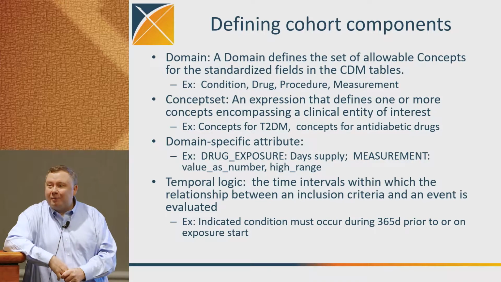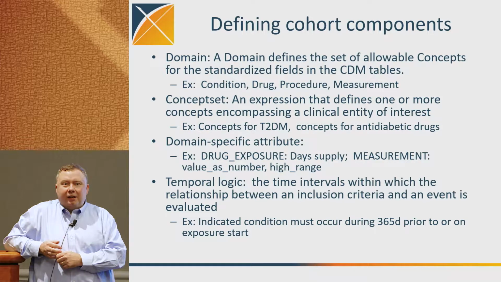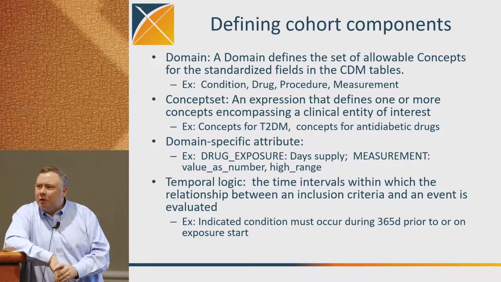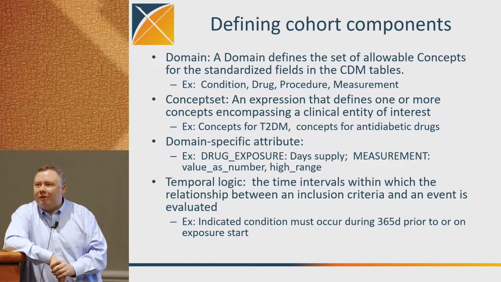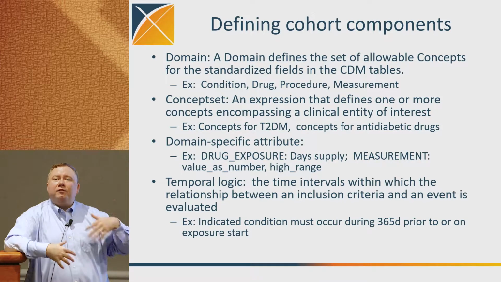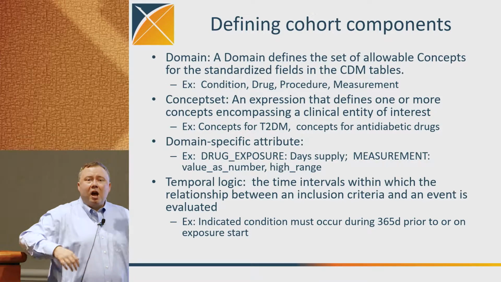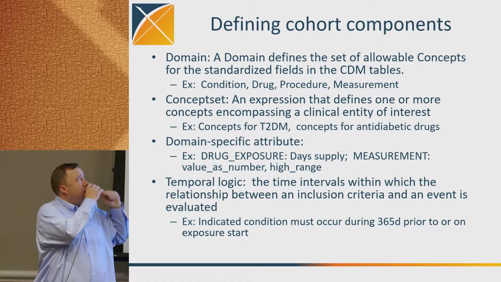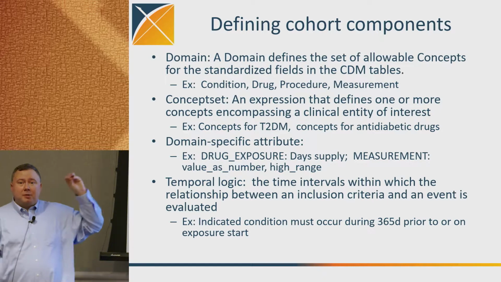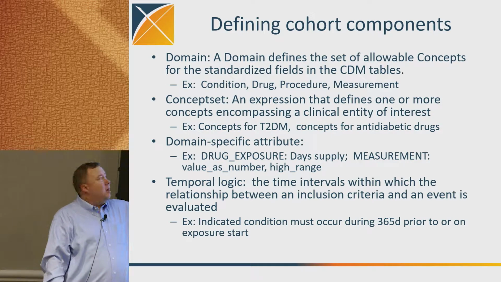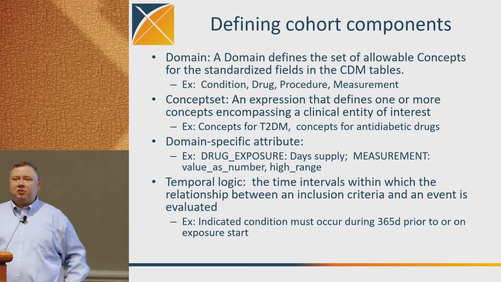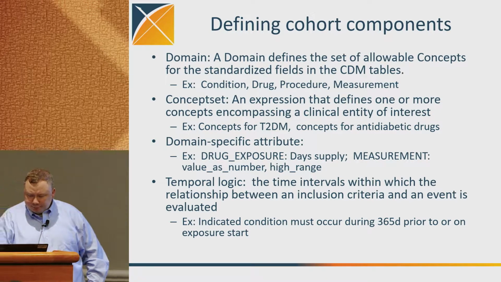Or a measurement has something like a value and a normal range and a unit. And those things only apply to the domain of measurements. And so whenever we define a criteria, we can say, I'm looking for the absence or presence of some entity in some domain. Those concepts that I'm going to look for would belong to my concept set, but I might also further qualify my criteria based on any of these domain-specific attributes.